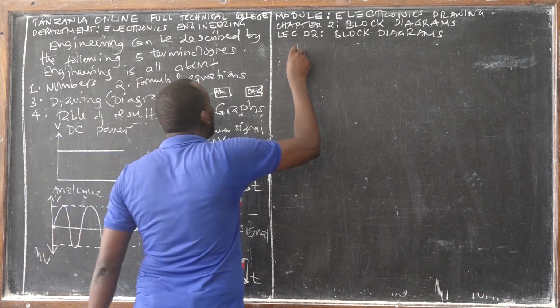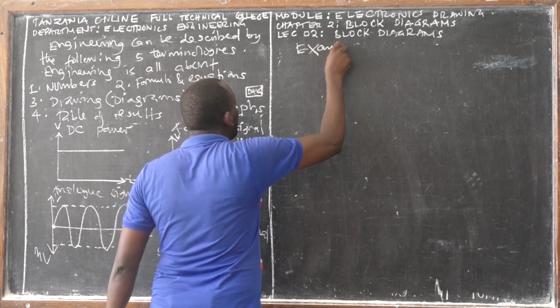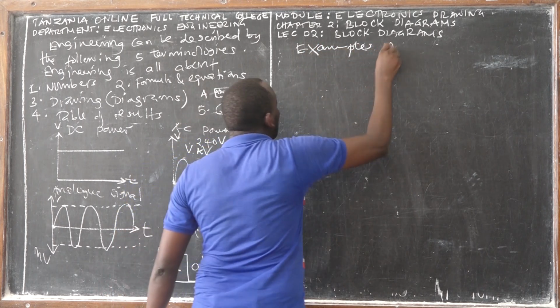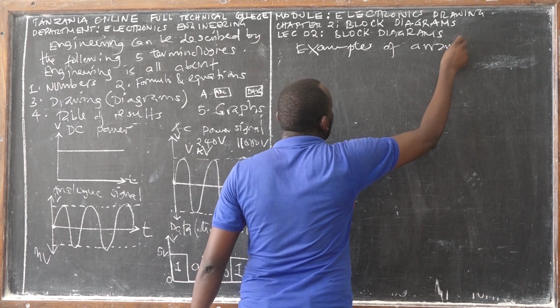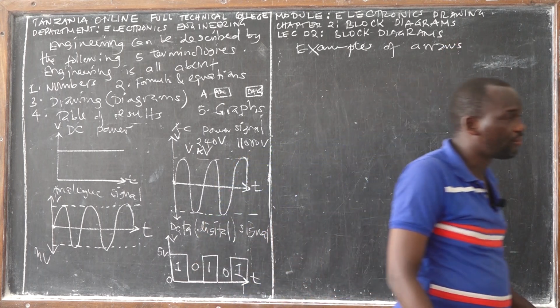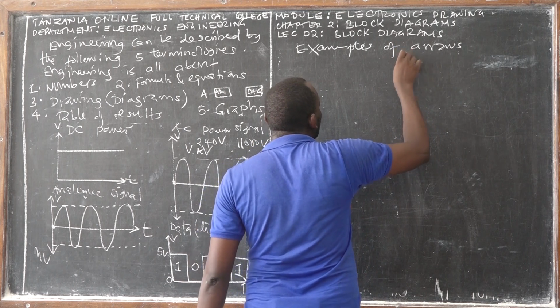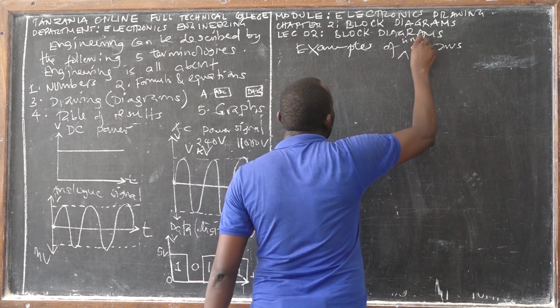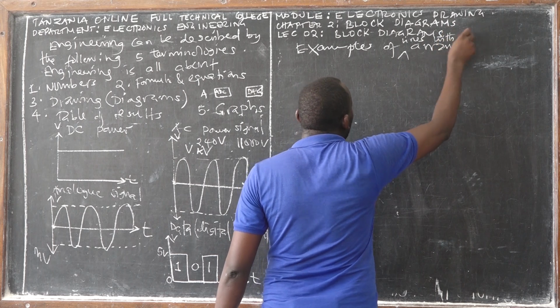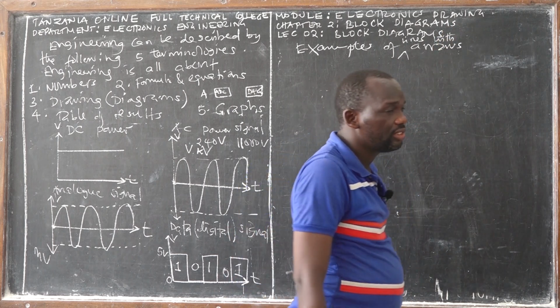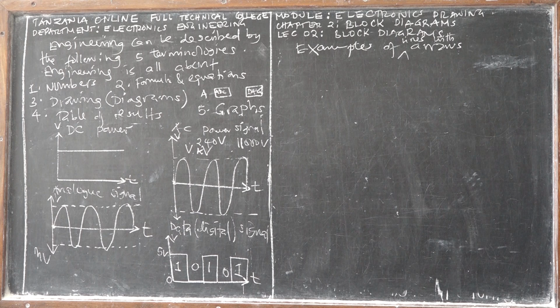So, examples of arrows that you use in electronics. Let us see some examples of lines with arrows, or arrow lines.